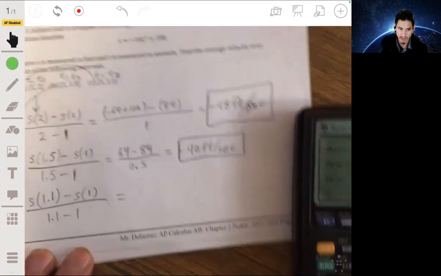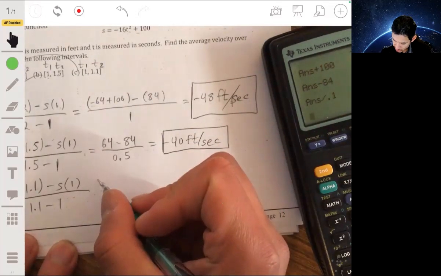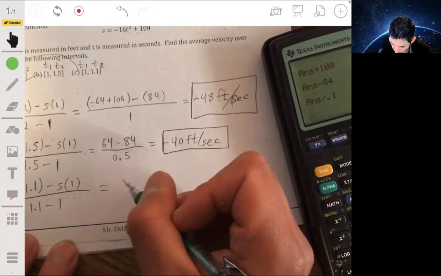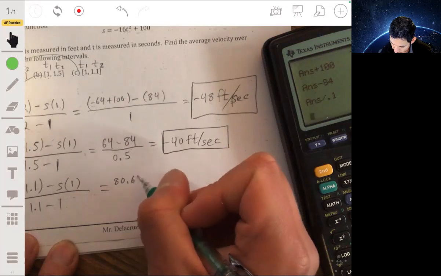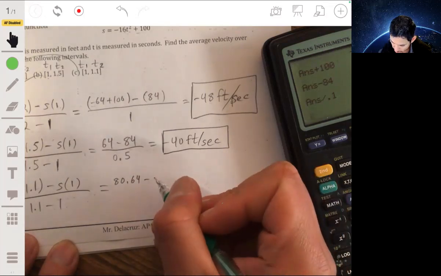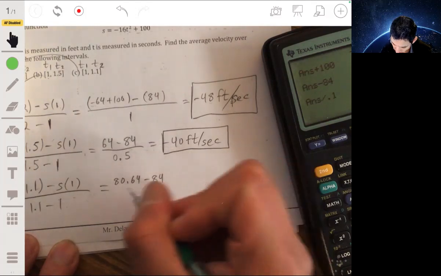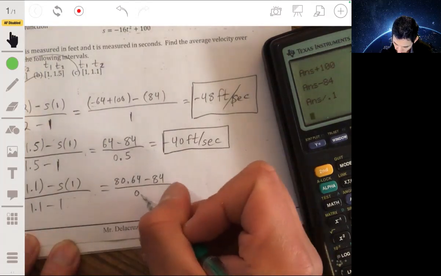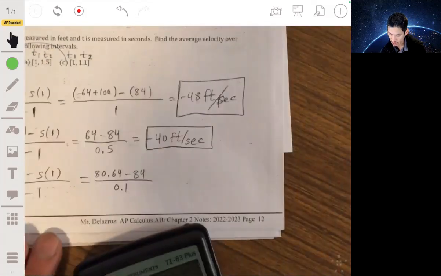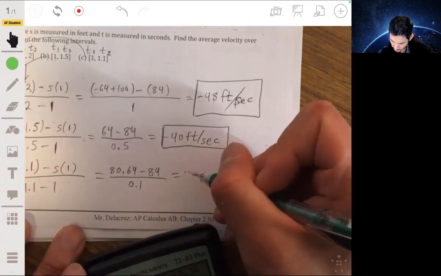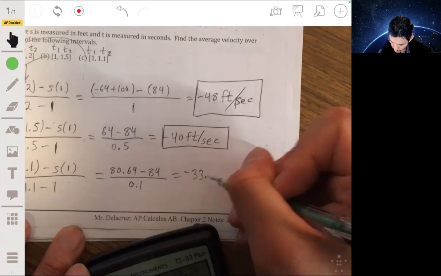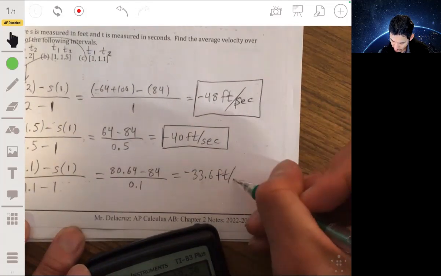Let me actually write it out. So we got S of 1.1 to be 80.64 minus 84, over 0.1. And we got negative 33.6 feet per second.